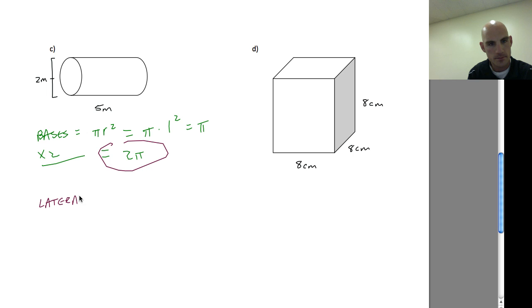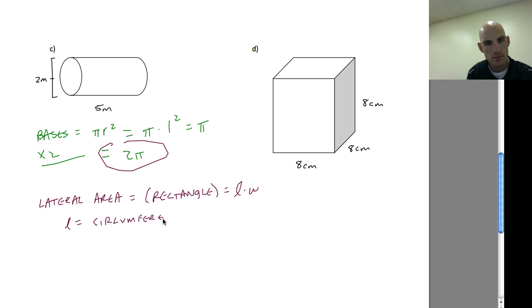And my lateral area, which is a rectangle, equals length times width, or base times height. So my length is equal to circumference of circle. So that's equal to pi times diameter equals 2 pi. And my width is equal to my height, which is equal to 5.